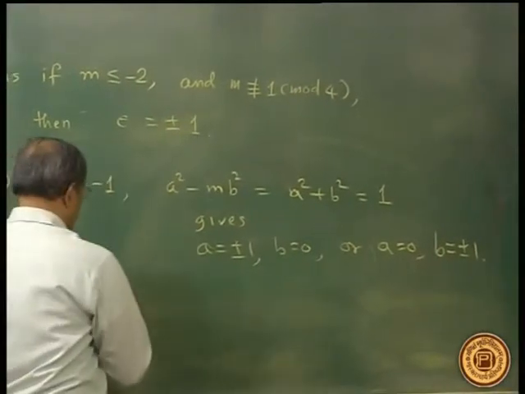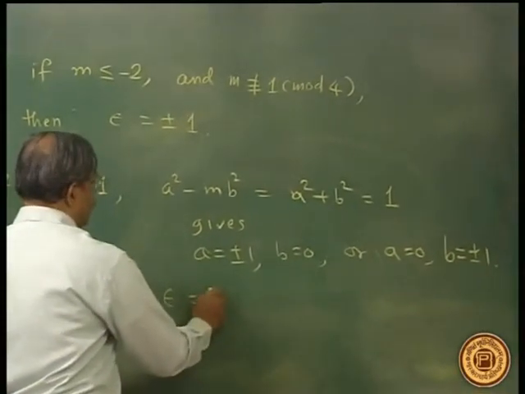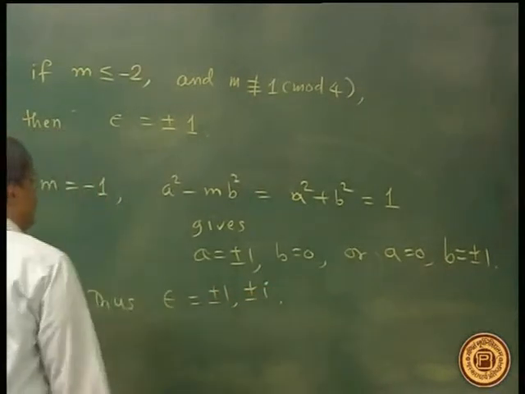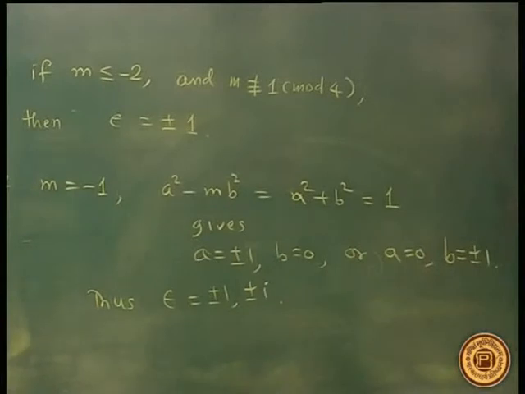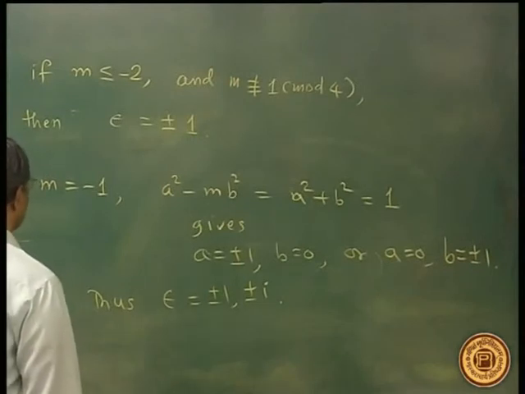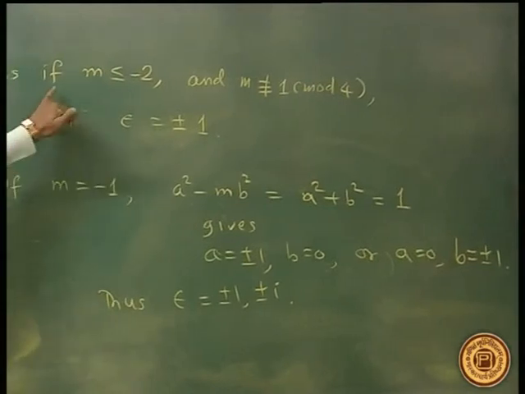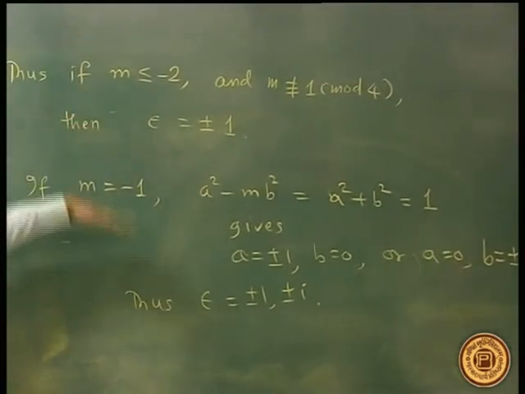Thus, epsilon is either plus or minus 1 or plus or minus i. And they are algebraic integers in the quadratic field and they are units. Their norm is 1. Okay. So first case is over. What happens if m equal to minus 1? What happens if m less than or equal to minus 2? Both the things we have considered.